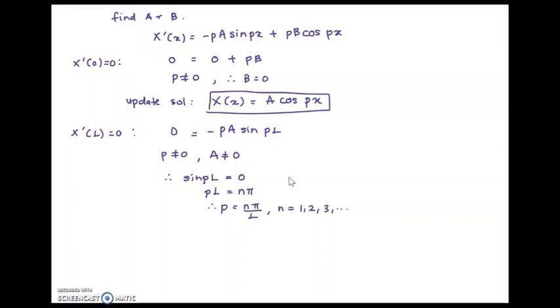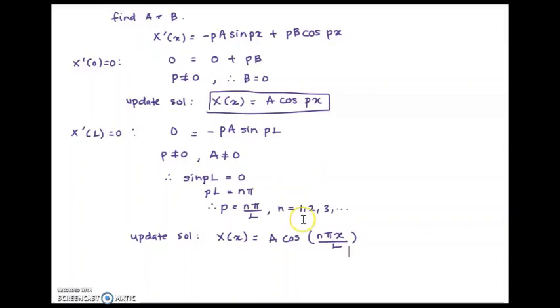So with that P, now our current solution will be, we go back to the x. So x equals a cos, P now is n pi over L, and then we need to multiply with the x, so n pi x over L. n starts from 1 up to positive infinity.